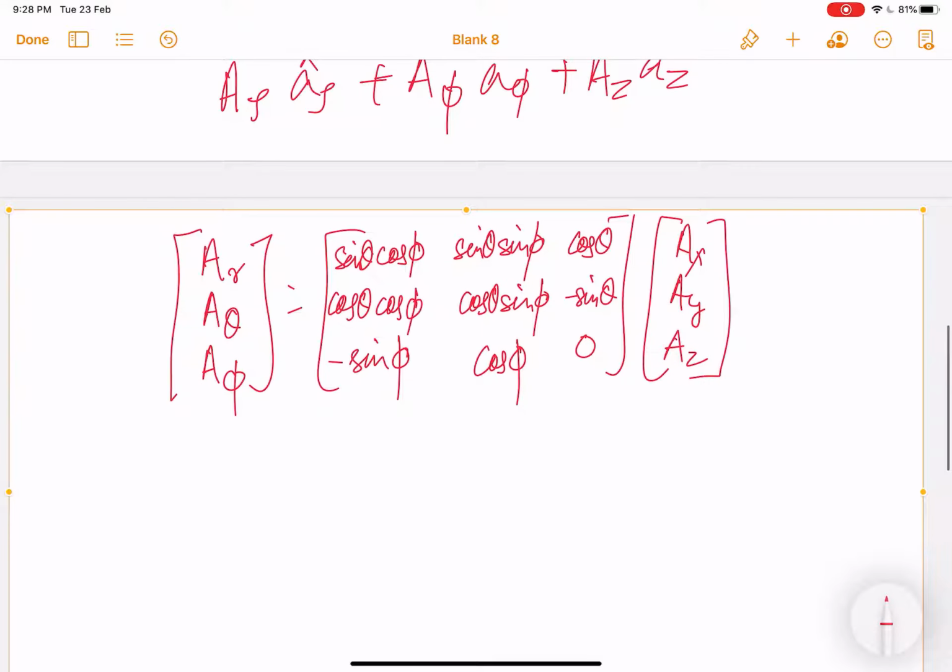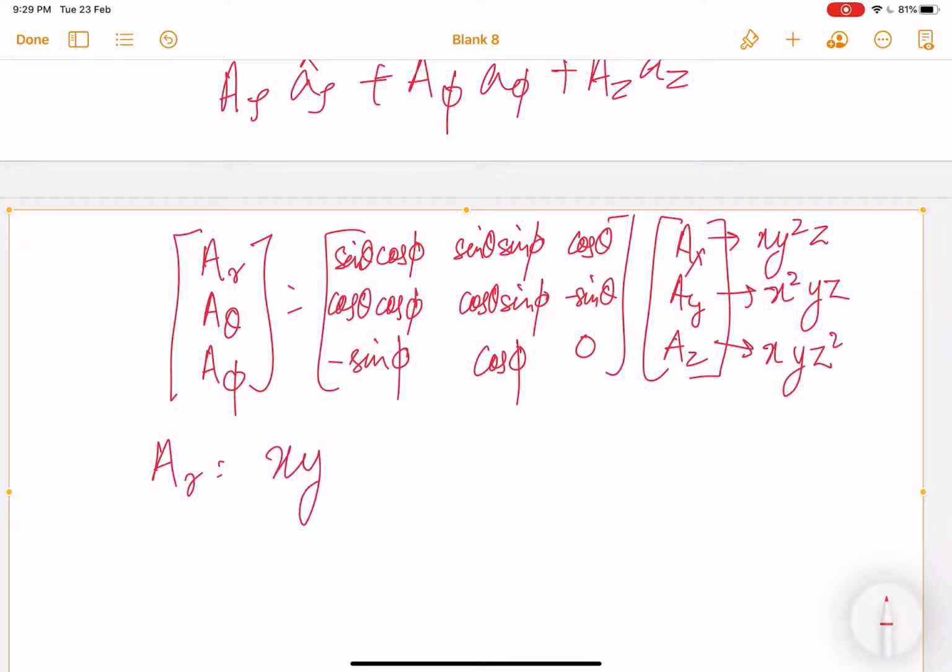What is ax given to us in the question? xy²z. Then this is x²yz. Then this one is xyz². All right, then what is ar equal to? This is xy²z sin theta cos phi. Even if it's lengthy, just go ahead, keep moving, don't stop.